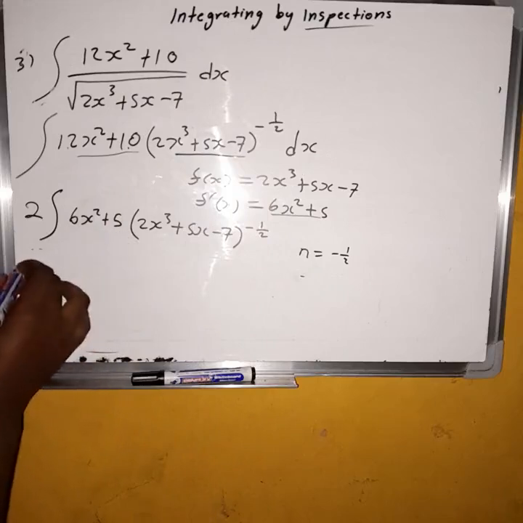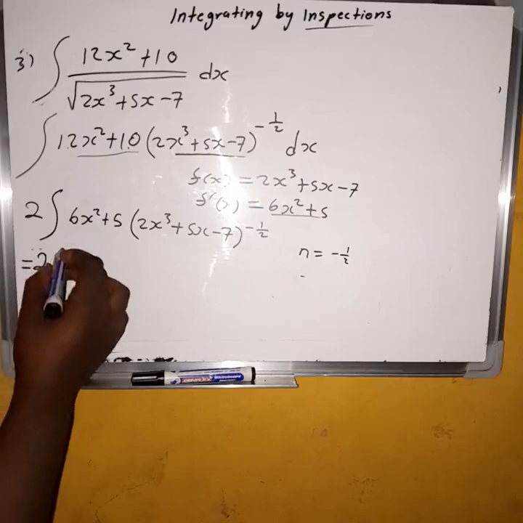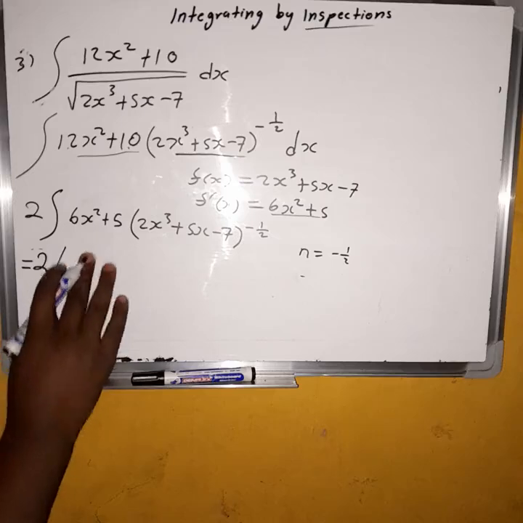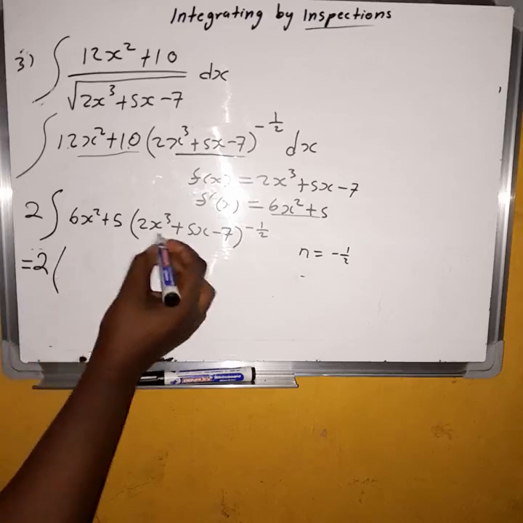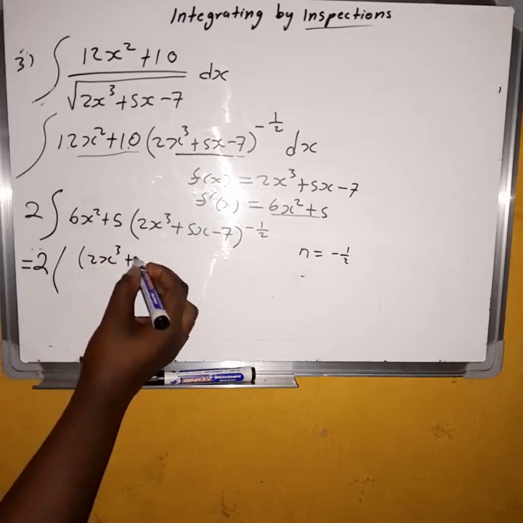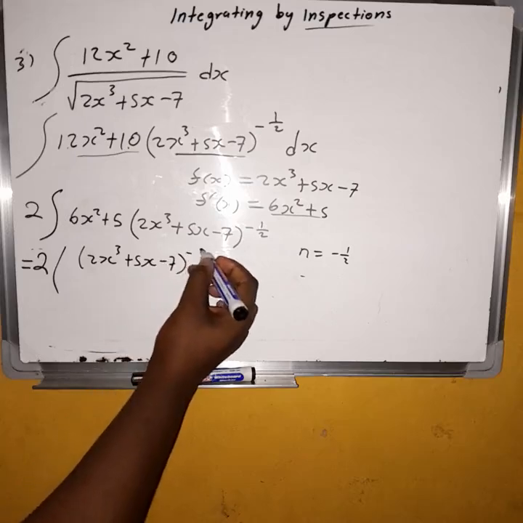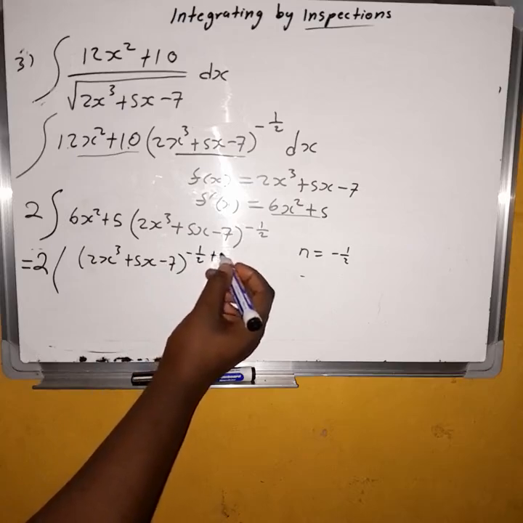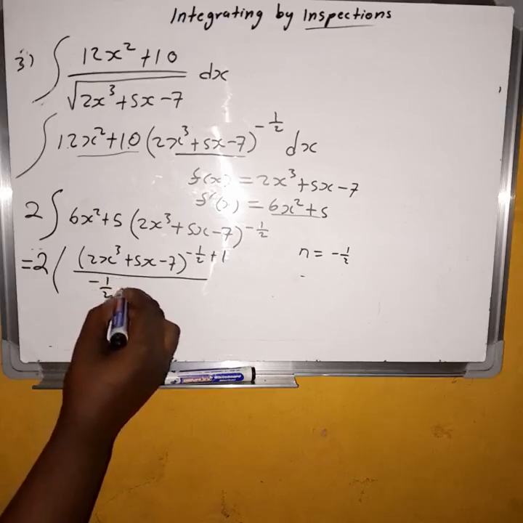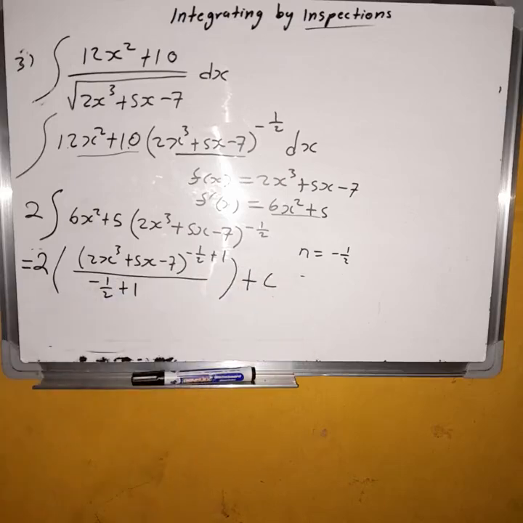Then this will be equal to 2, all over, 2x cubed plus 5x minus 7 raised to minus 1 over 2 plus 1, over minus 1 over 2 plus 1, plus the constant c. Right.